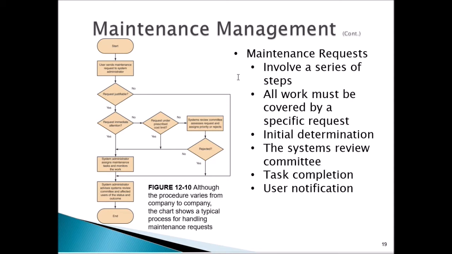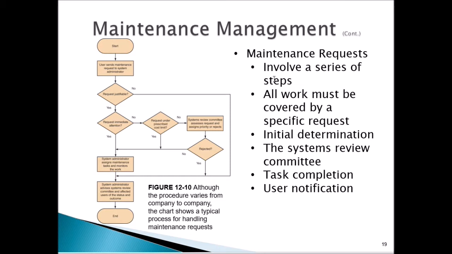Here is the typical workflow for a maintenance request. Now, of course, every company is different, but this is the idea of how it's going to look. So a maintenance request involves a series of steps. The work must be covered by a specific request. It takes an initial determination.